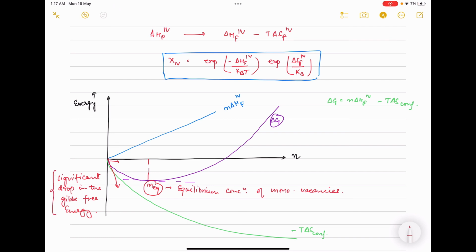Hence, this drop brings in stability of the vacancy point defect.